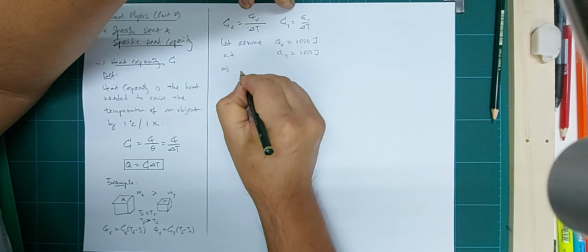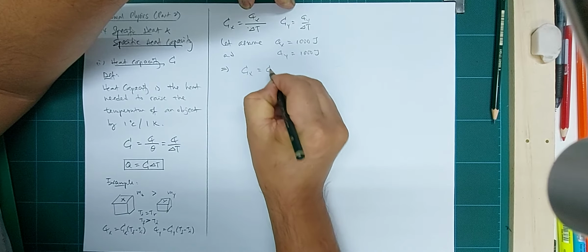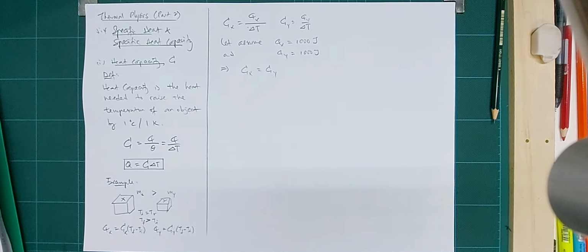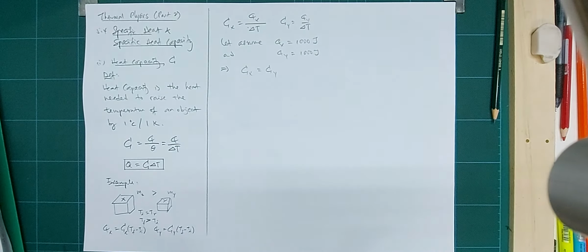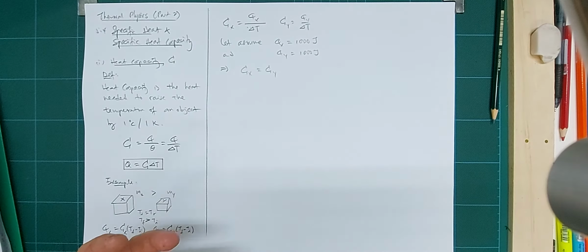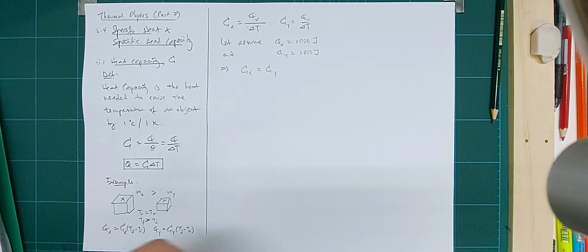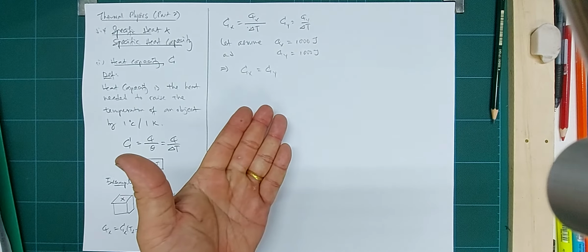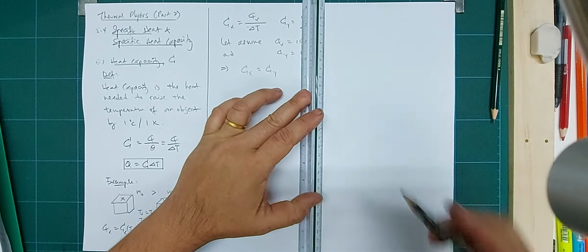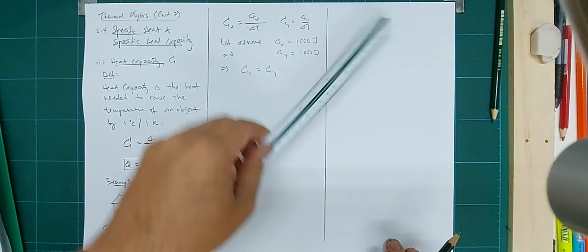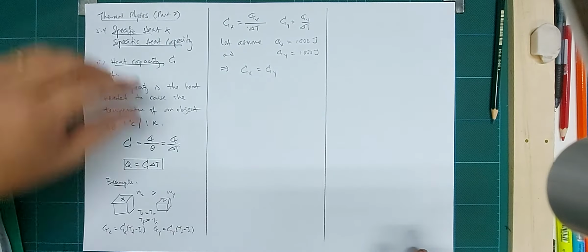That means the conclusion is that CX is going to be the same as CY, even though they are totally different materials with totally different masses. This can be very confusing: different materials with different masses, given the same amount of heat, have the same change in temperature. So it is not a specific value, and it can be very confusing, especially when we need to determine what the materials are.